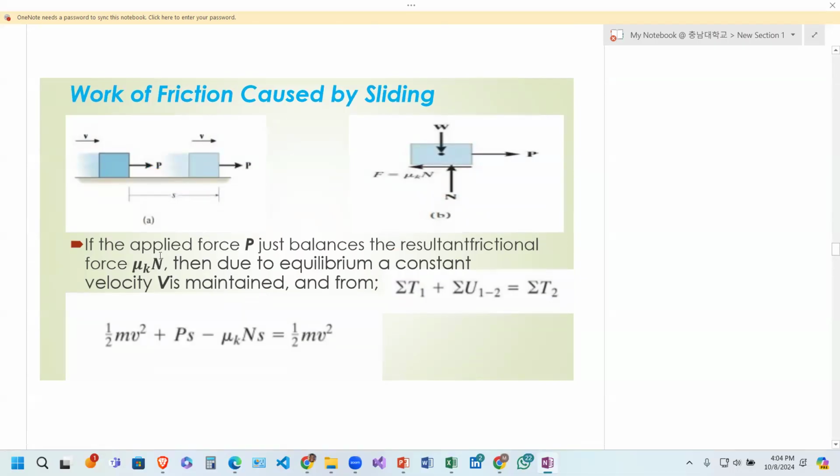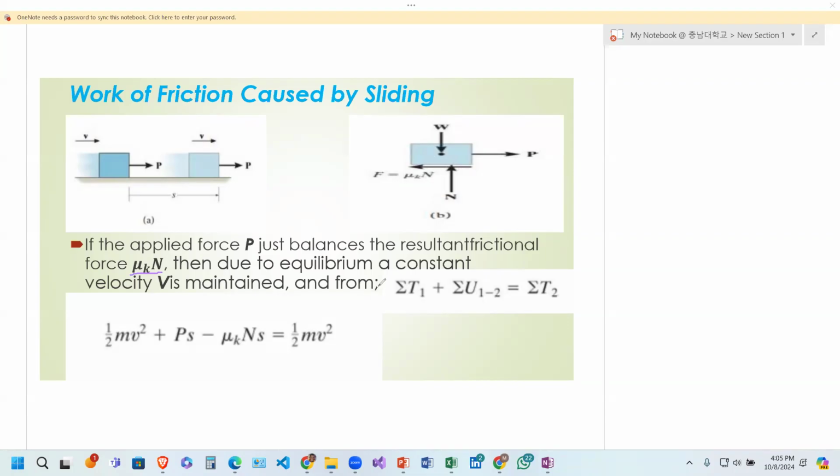If the applied force P just balances the resultant frictional force, which is the normal force, here the weight, times the coefficient of friction, mu K, then due to equilibrium a constant velocity V is maintained.